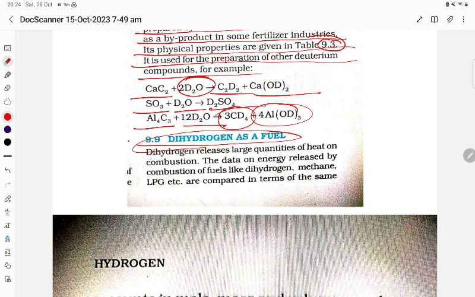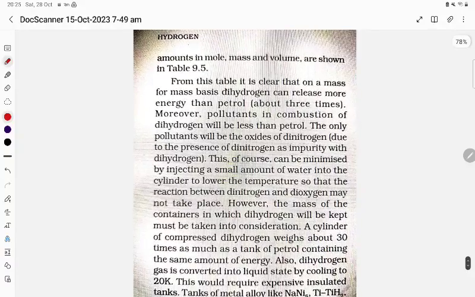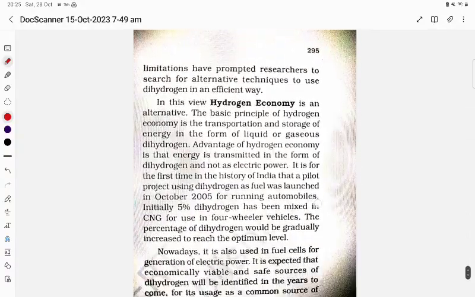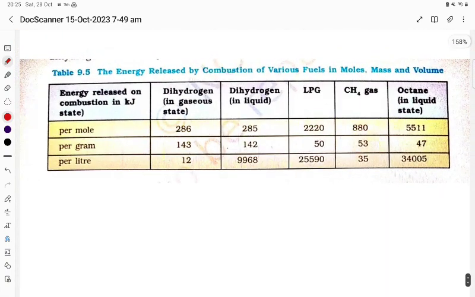Dihydrogen as a fuel. Dihydrogen releases a large quantity of heat on combustion. The data of energy released by combustion of fuels like dihydrogen, methane and LPG are shown. So here you see the fuel per mole.